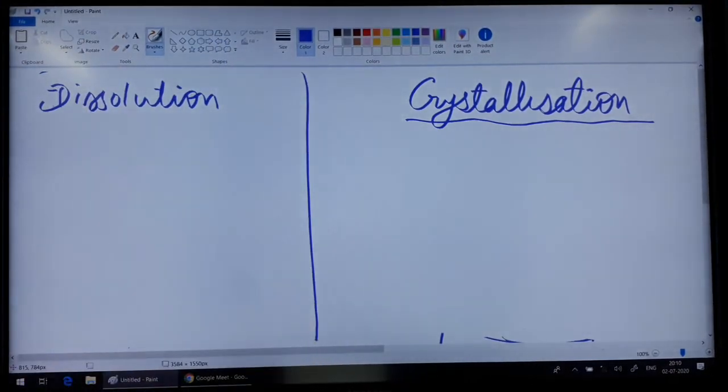Dissolution and crystallization. What is dissolution and what is crystallization?